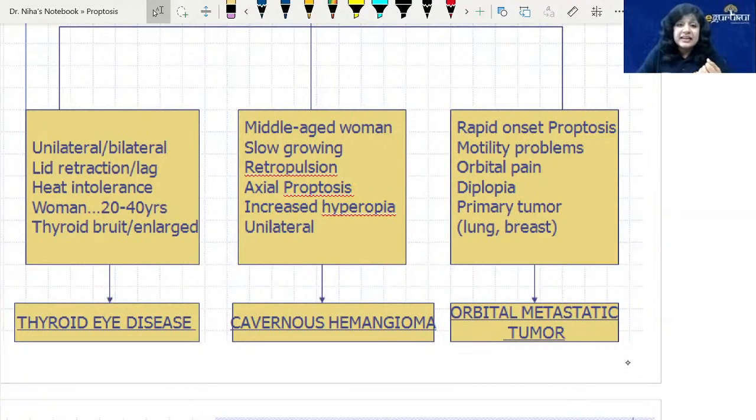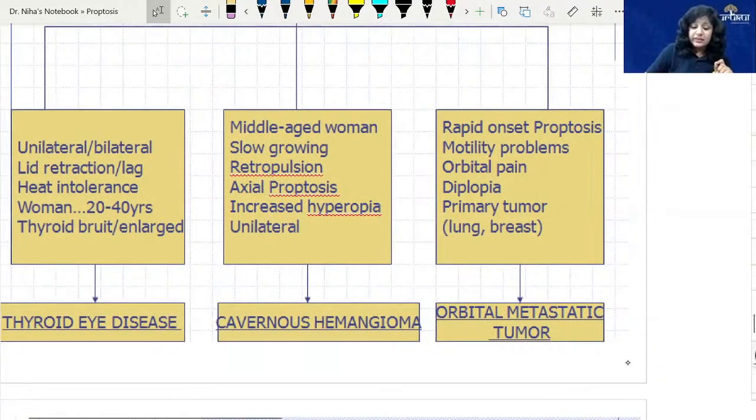Increased while crying, increased while bending forward, increased in the Valsalva maneuvers. And that is why you will see of late in certain books, they have also introduced a term called stress proptosis. So stress proptosis means somewhere orbital varix. That is again very, very important.